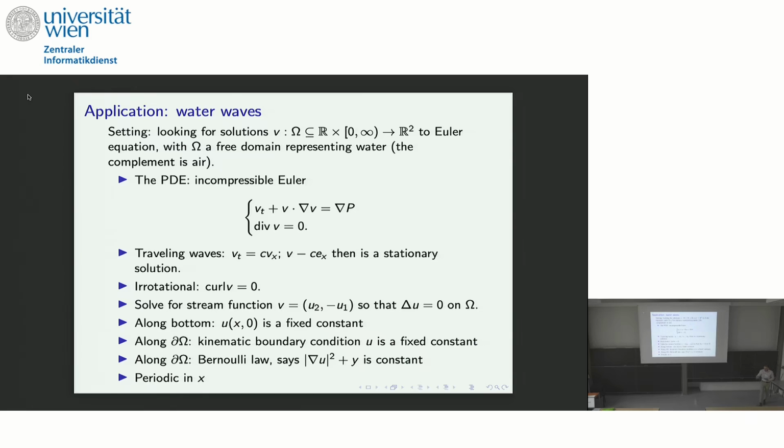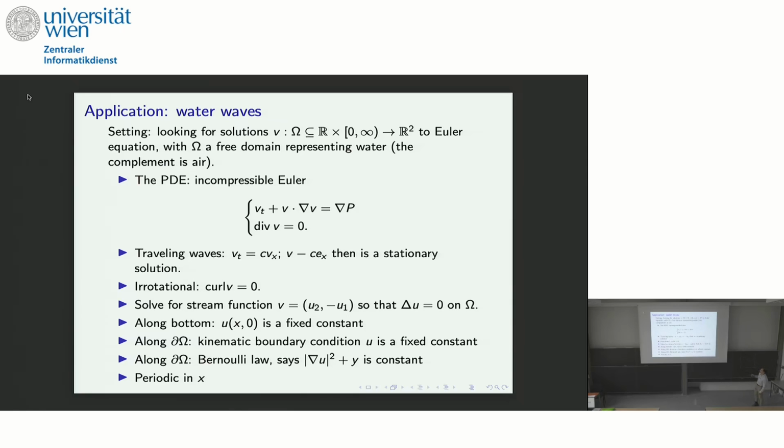And there's a second condition which says that the pressure of the air is constant and then has to match with the pressure on this side here. And if I do that, then I get two conditions on the top here. One of them is that the stream function is constant. This is coming from this kinematic condition. And the other one says that gradient u squared plus y, the y is from the gravitational potential.